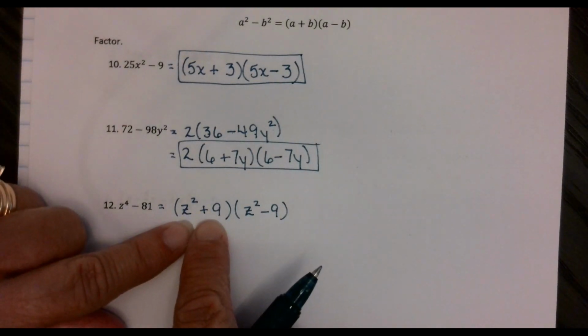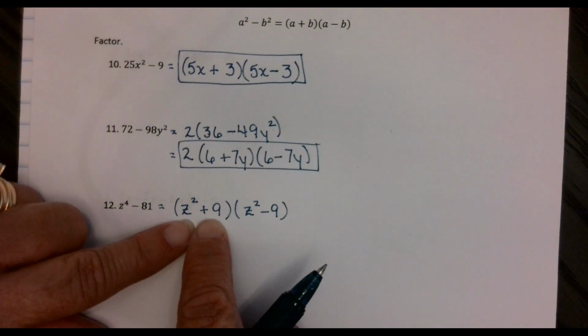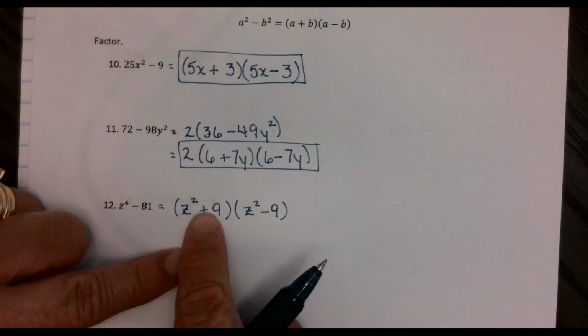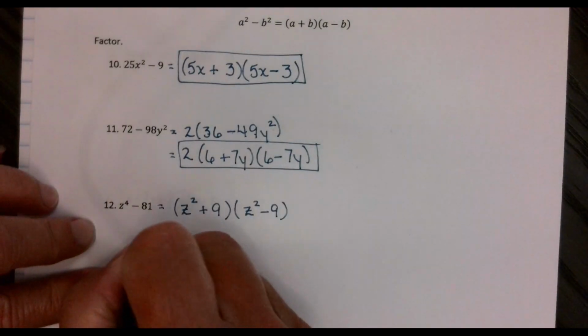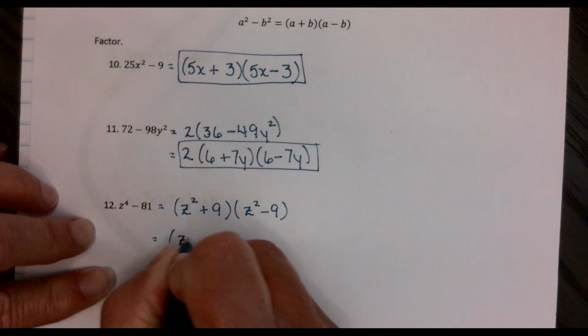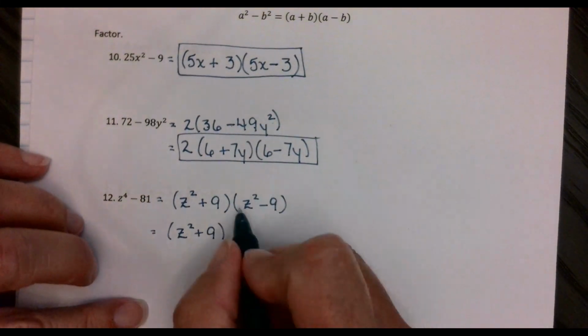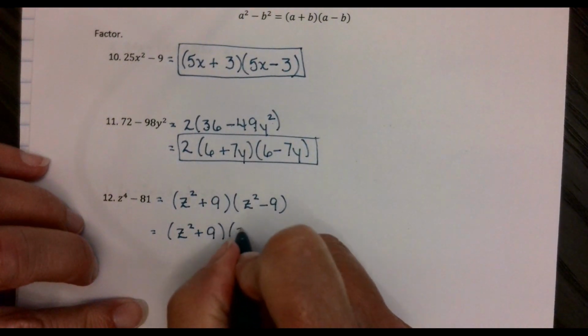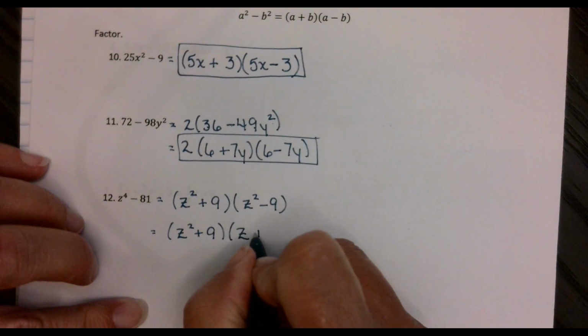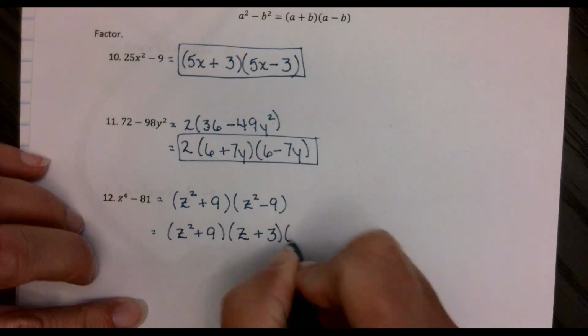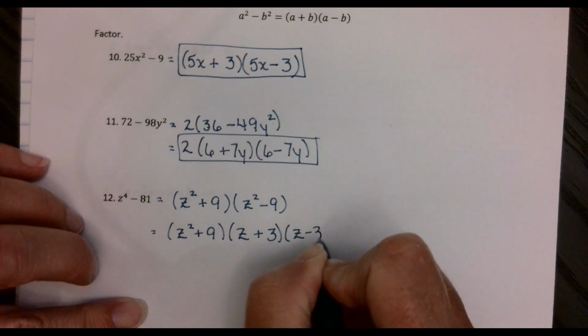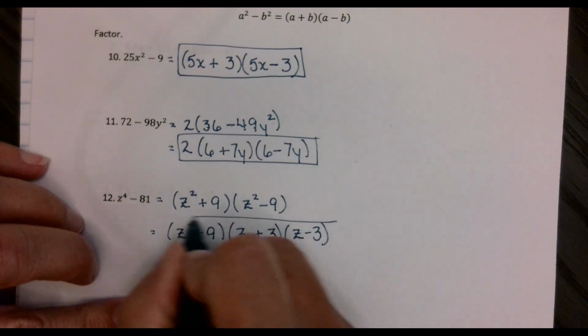It won't factor because it has a plus sign. They're both perfect squares, but there's a plus sign between them, so it stays. This second one, however, always look to see if you can factor it any further. Perfect square, so it is going to factor as z plus 3, z minus 3. Now we're finished.